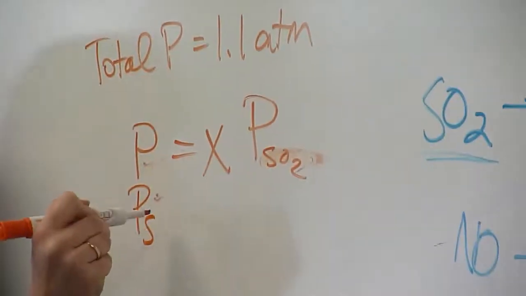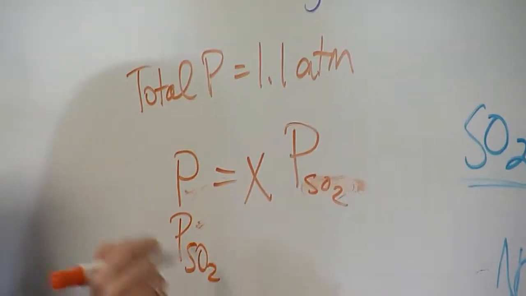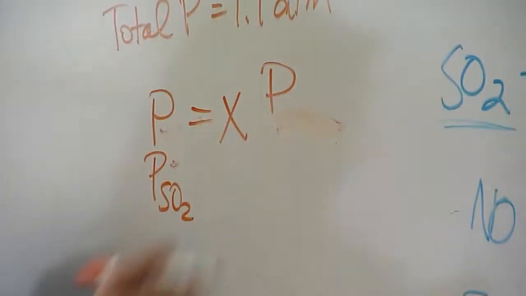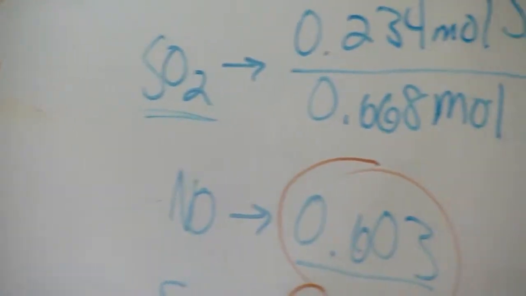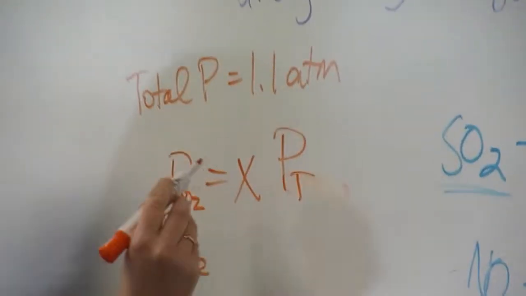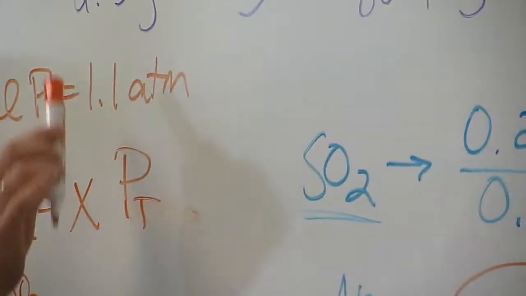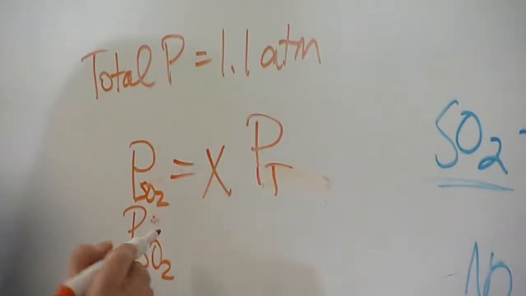So the partial pressure of SO2 is the mole fraction times the total pressure.